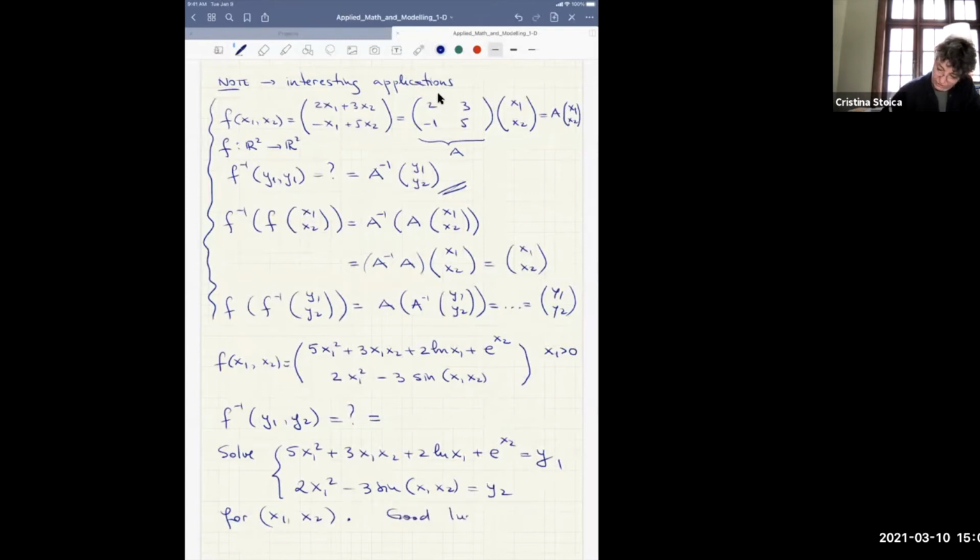I can let you solve this one and go have a coffee, and if I smoked, I would smoke a pack of cigarettes and come back and you still wouldn't be done. This cannot be solved analytically; it's what we call a transcendental equation. However, can we still say something about f⁻¹? Can we approximate it? The answer is yes.